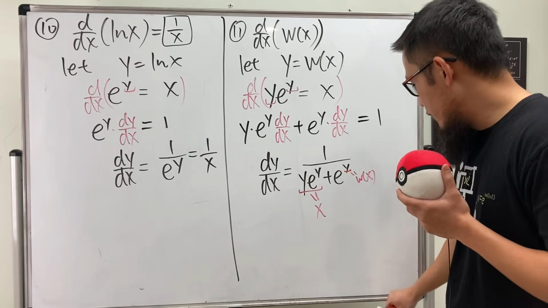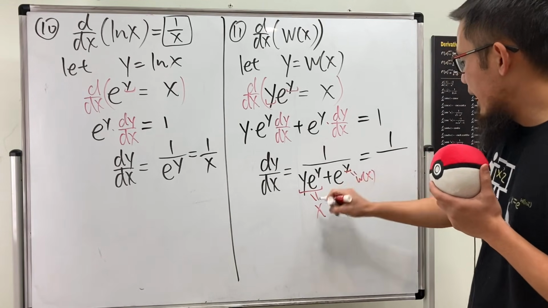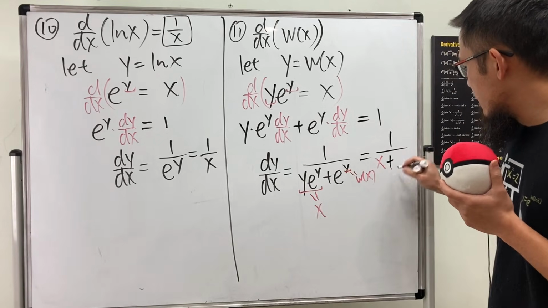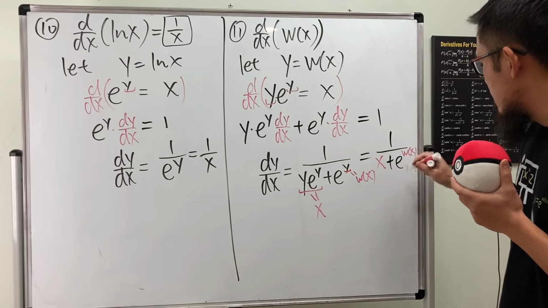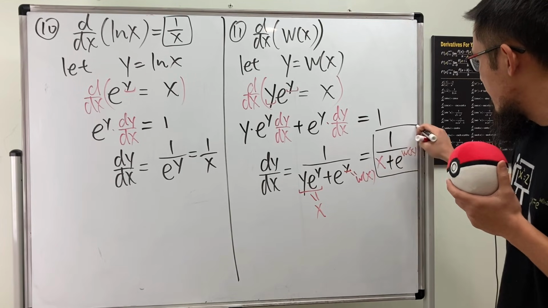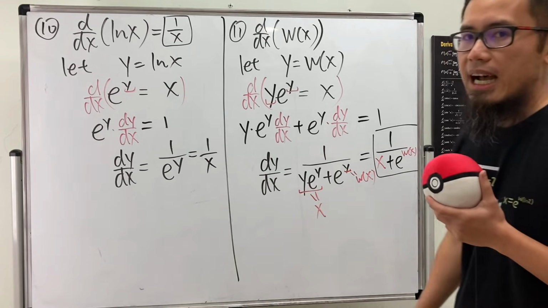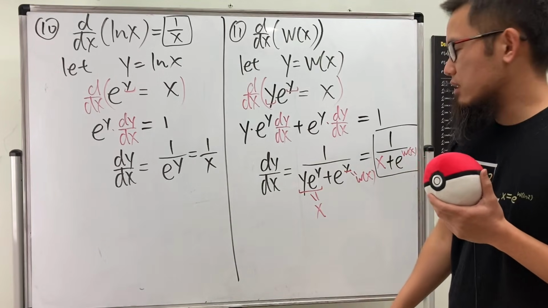First answer, if you prefer, you can write it as 1 over x plus e to the w of x. But notice this and that, they do not cancel out, okay? So you just have to keep it like that. So this is one way to write the answer, but another way to write the answer is the following.